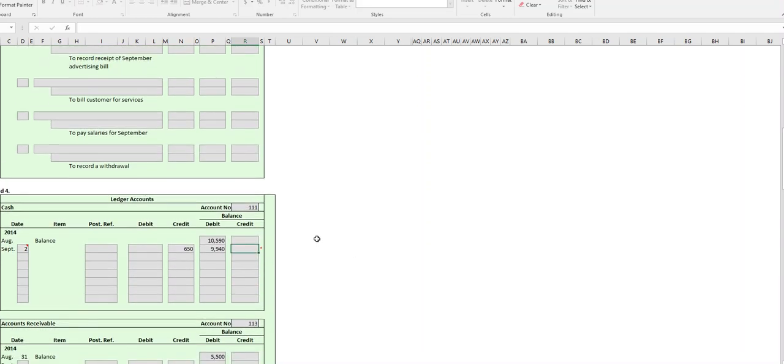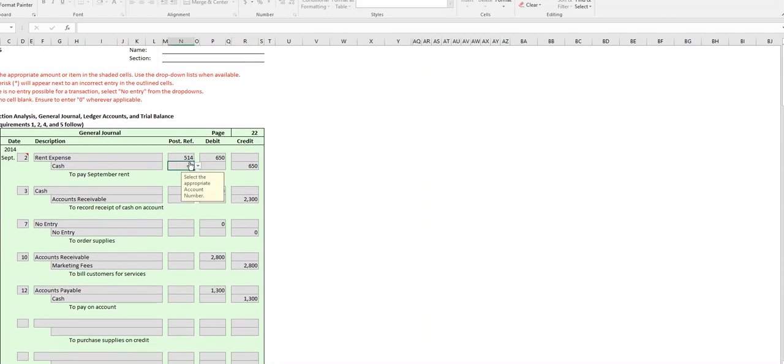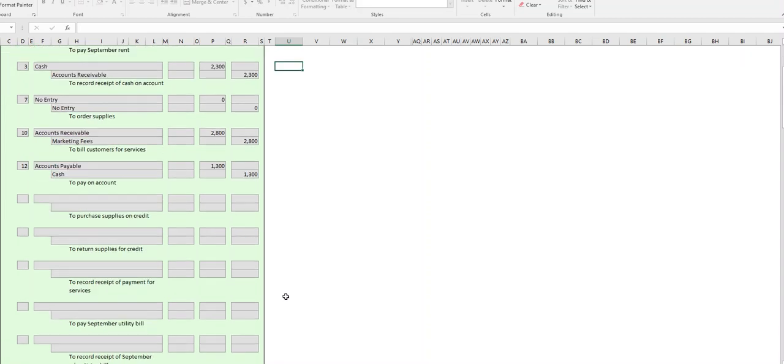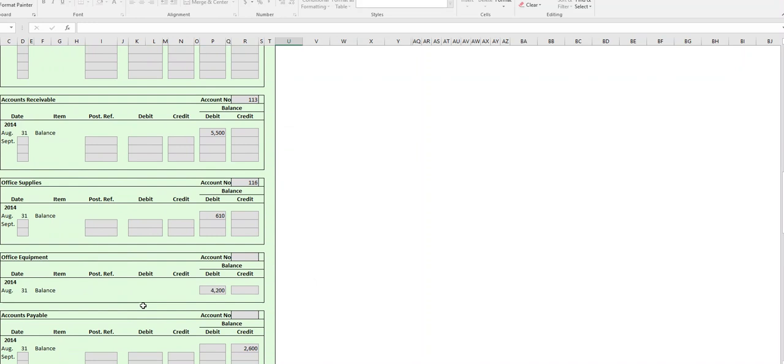That was 111, so I go up here and put in 111. So I've posted that one, and I go to cash, and I keep going down the list and copying and posting this information into the ledger.